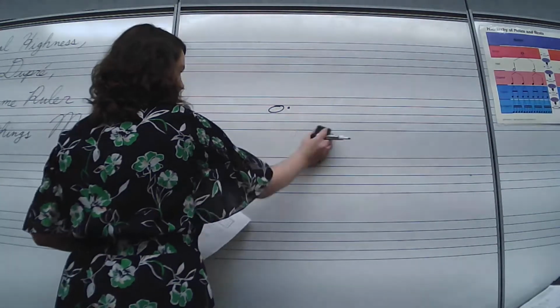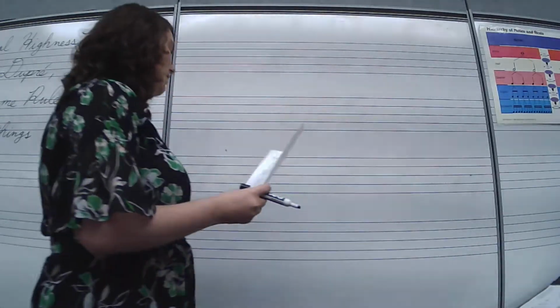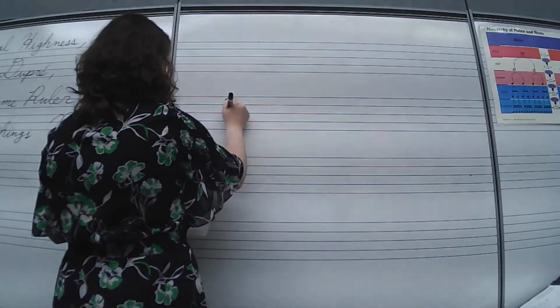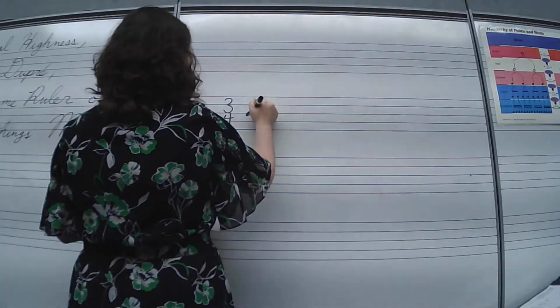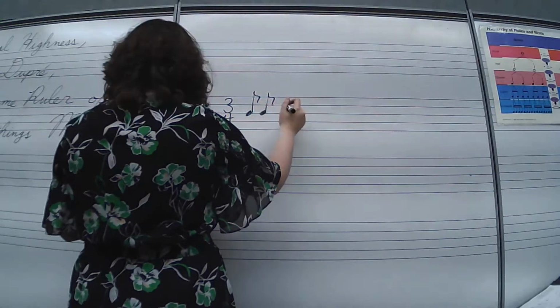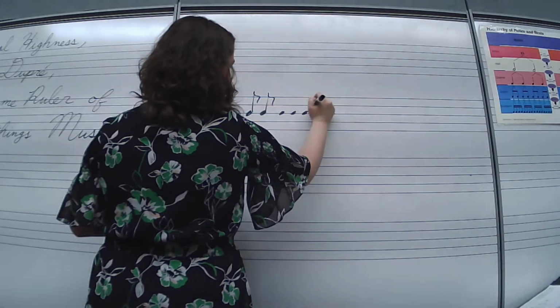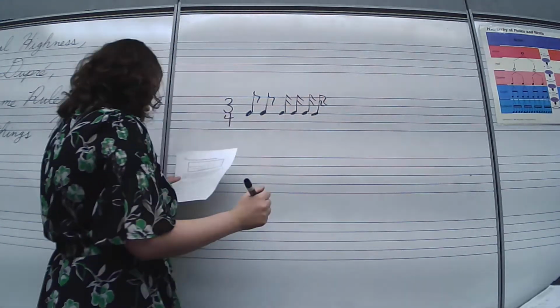All right. Now down here, we're going to draw some bar lines. So number 1, we're in 3/4 time. Oh, and they're not beamed together. I'm just going to do that because it's faster.